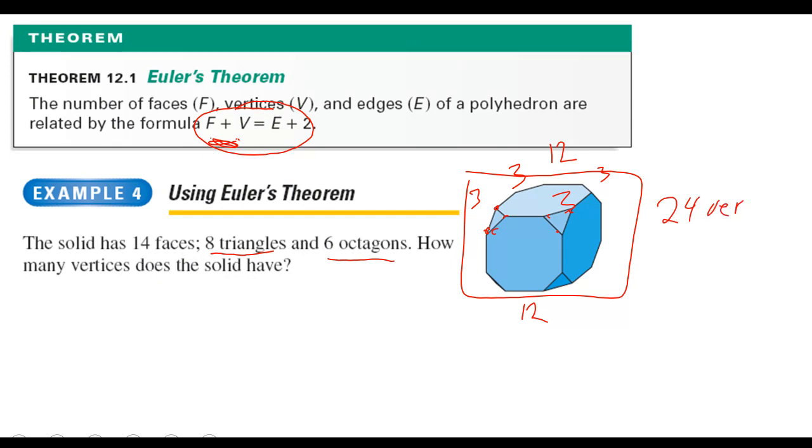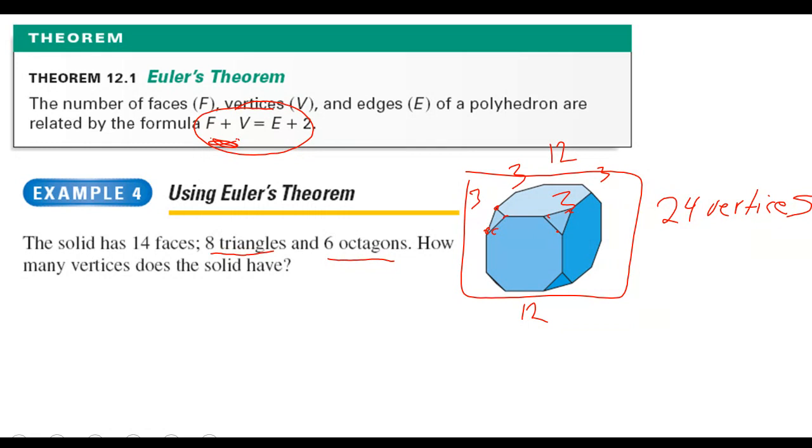Now, there are going to be other objects, like in the next example, that are a little bit trickier, that you can't quite just count because maybe you don't see them all, or maybe there are so many that it would take forever to count. So here's what we would do for a normal problem using Euler's theorem.